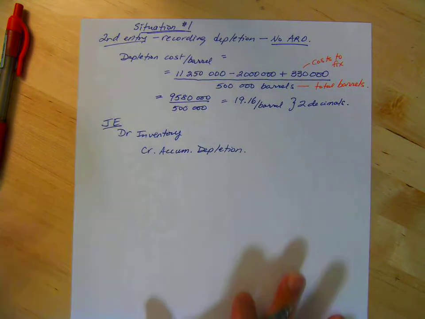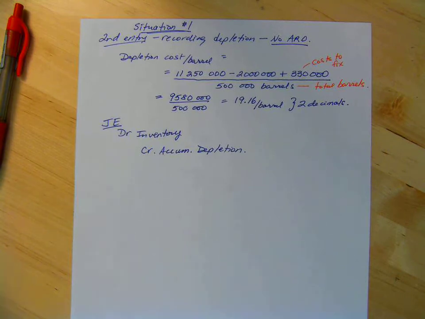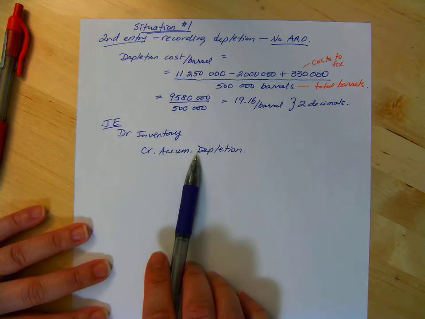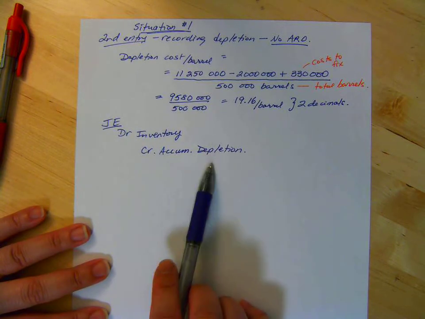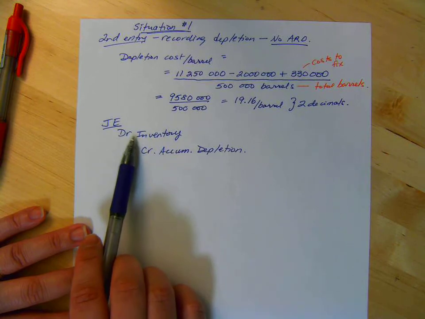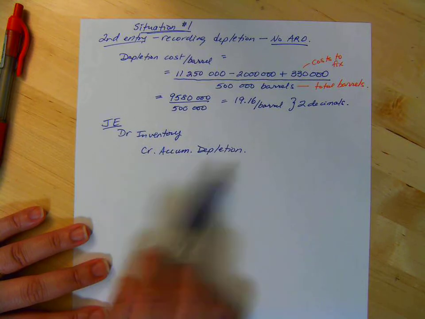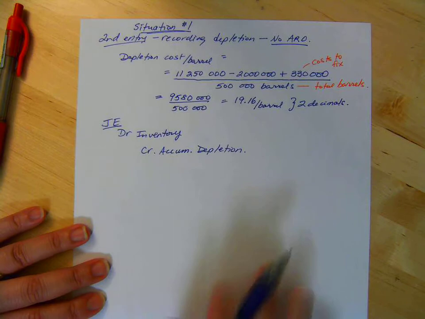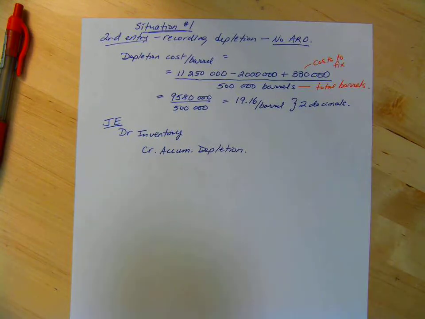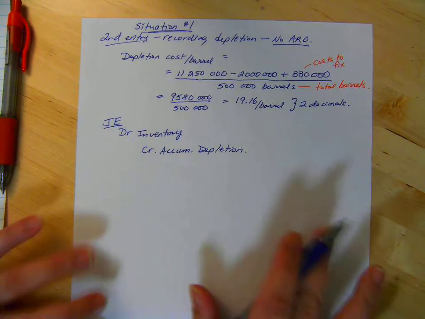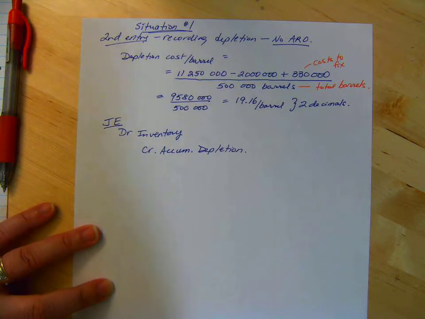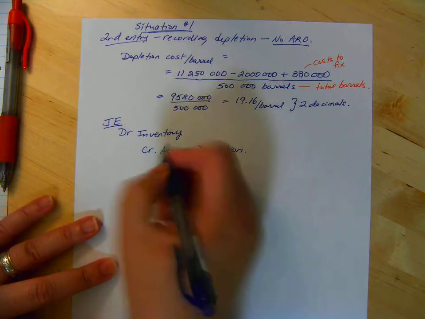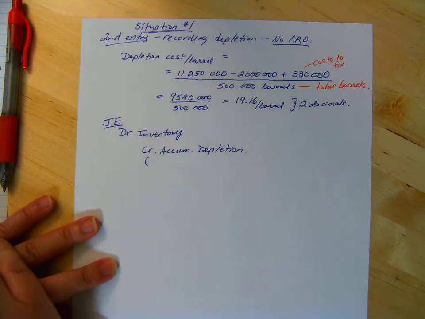Okay, so the first entry on the other page we did was we bought the land and got it all ready to start the drilling. Here we've drilled. So we have to record, we have some inventory now, we've got some oil to sell, and that means we've depleted our source of oil. Okay? So, how many barrels did we pull out this year?